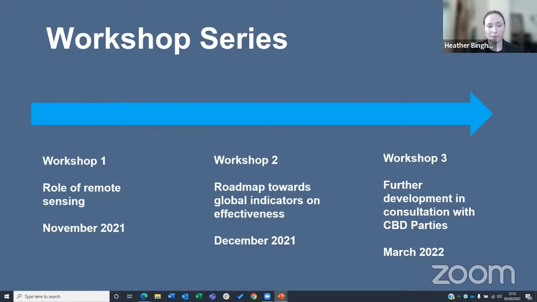The second was more generally bringing together experts to think about what would be the next steps over the next couple of years to get to a point where we have a meaningful and feasible way of measuring this by effectiveness part of the indicator. And the third workshop was an extension of that process, but specifically aimed at getting the views of parties to the CBD. Next slide, please.